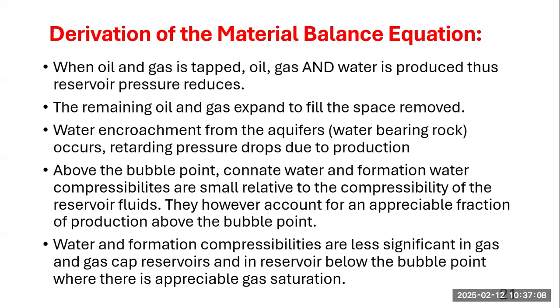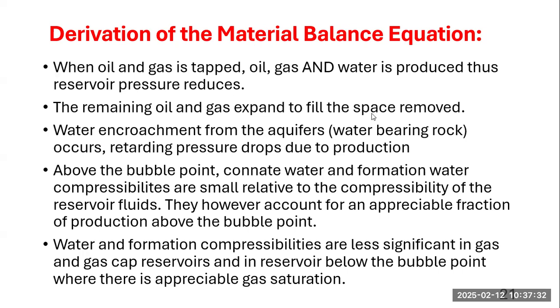In between this, you have the undersaturated zone. I'm sure you can recollect this from previous classes. In that undersaturated zone, you can maintain your pressure with minimal pressure drop. The remaining oil and gas expand to fill the space removed.